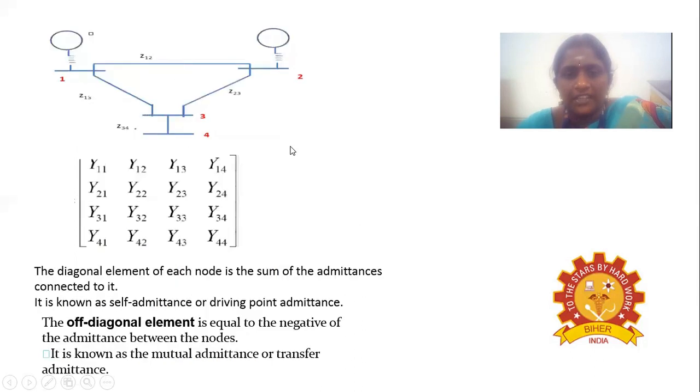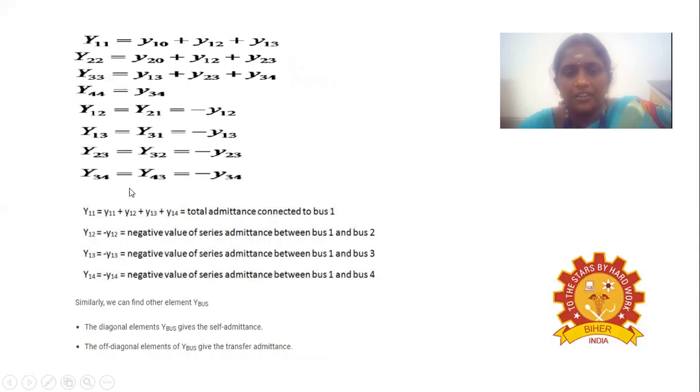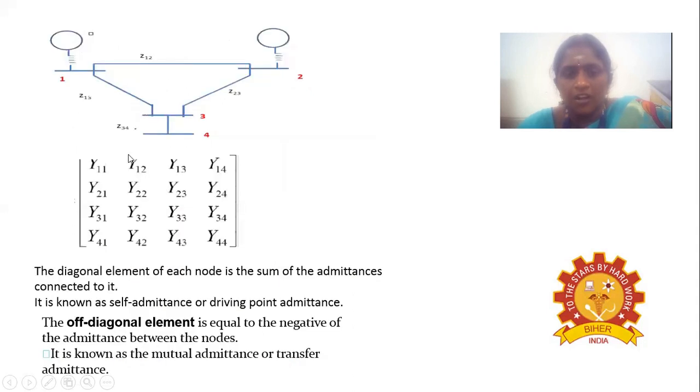Then how do we find the off-diagonal elements Y12, Y13, Y14 and so on? Y12 means the admittance between buses 1 and 2. Y13 means the admittance between bus 1 and 3. Y14 means the admittance between bus 1 and 4.